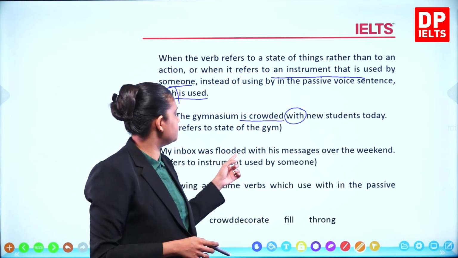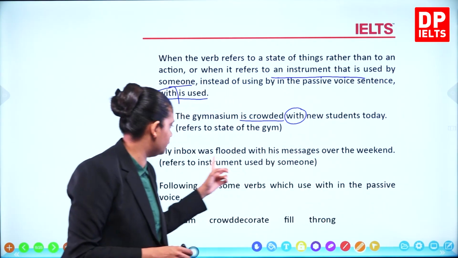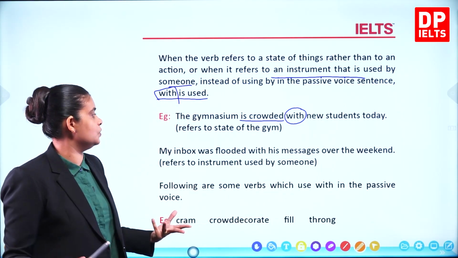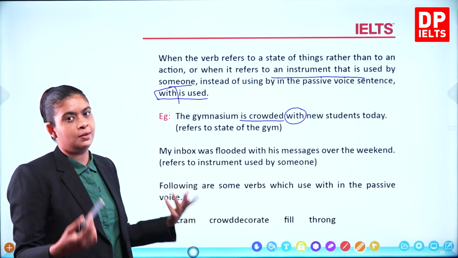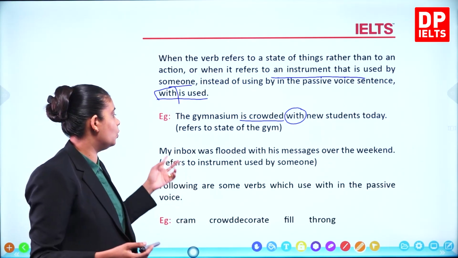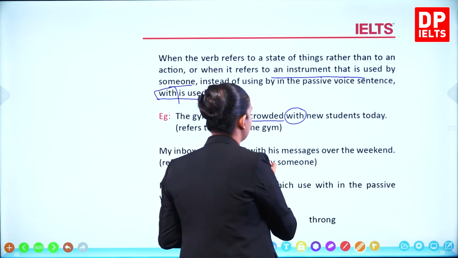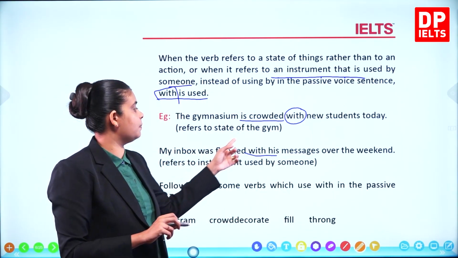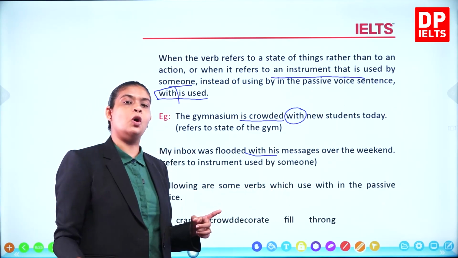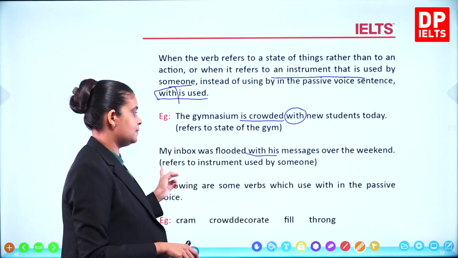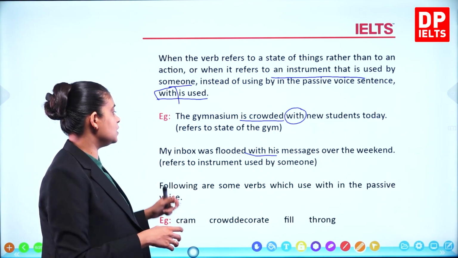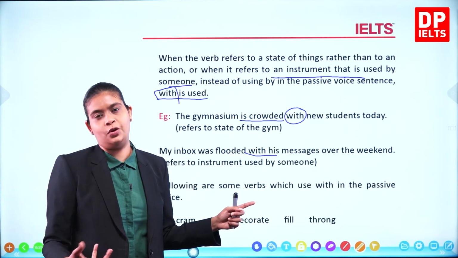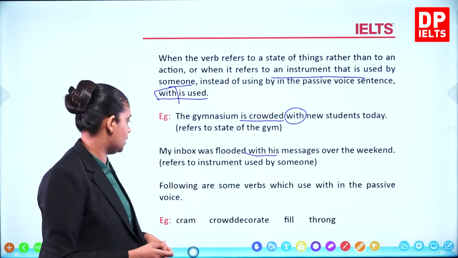My inbox was flooded with his messages over the weekend. Refers to an instrument used by someone. What did he use? He used the inbox, right? And therefore, the inbox was flooded with messages. Okay? You don't say the inbox was flooded by his messages. The inbox was flooded with his messages, right? Because it refers to something which was used by someone, or an instrument which was used by someone.